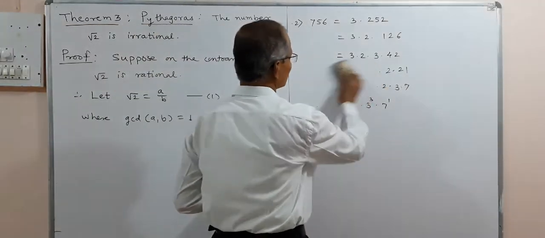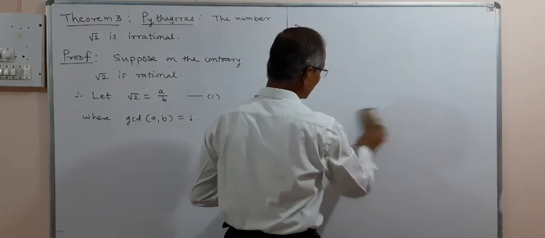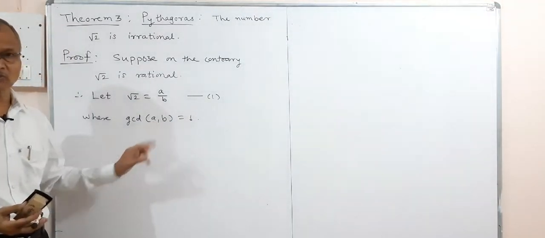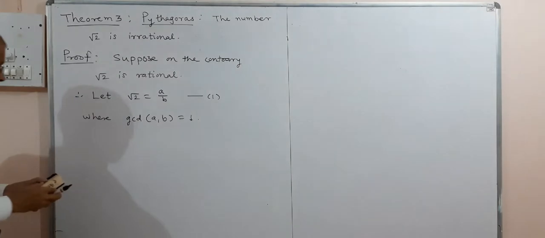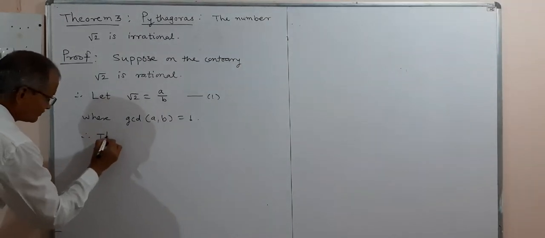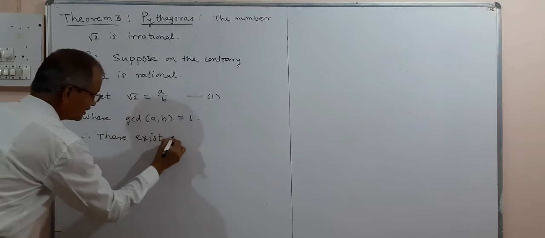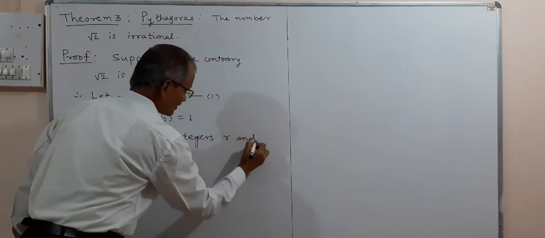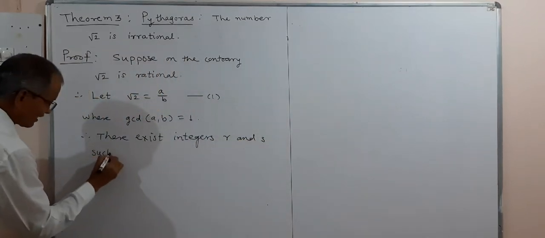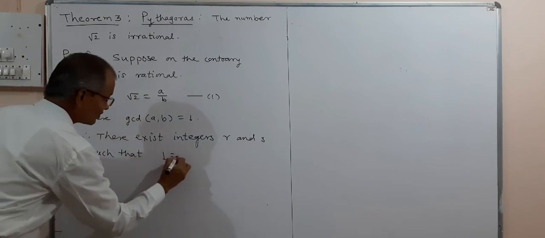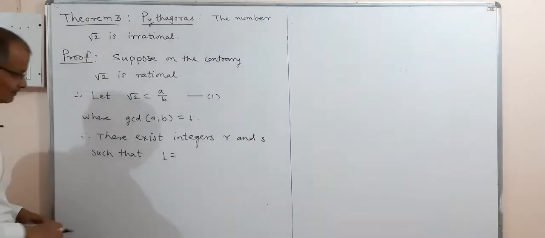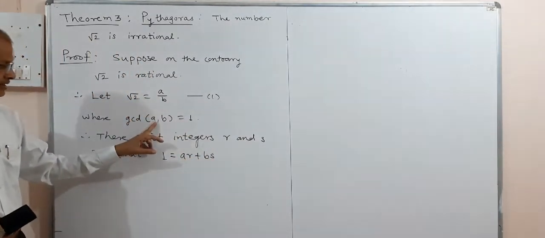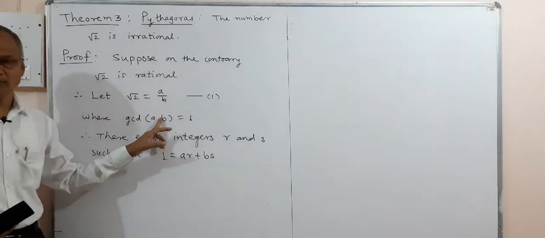But by the theorem, the greatest common divisor of two integers can be expressed as a linear combination of the two numbers A and B. So therefore there exist integers R and S such that 1 is equal to AR plus BS, because 1 is the greatest common divisor of A and B, and we have proved this theorem in the first chapter.